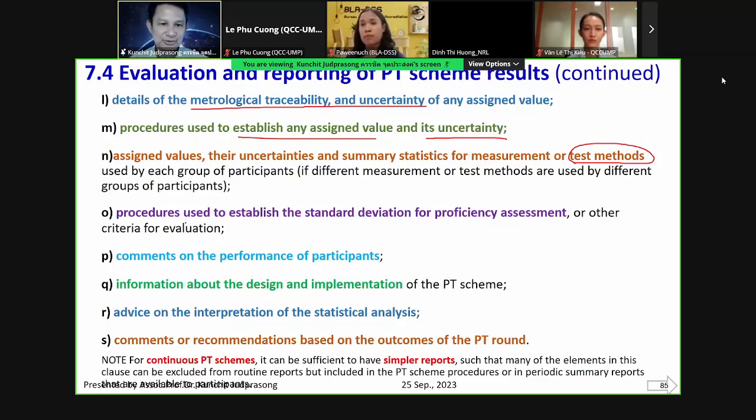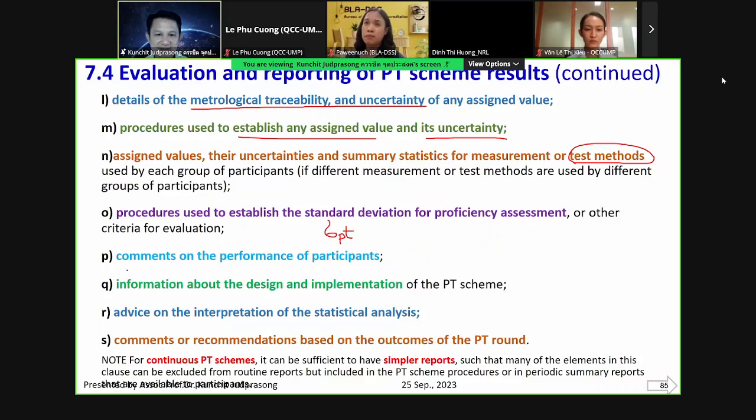The procedure used to attribute the standard deviation. This is the sigma PT. So which technique do you use: from previous round, or from expert judgment, or from Horwitz equation, or from expert, or from participant. So they have 5 ways to get the standard deviation for proficiency testing.